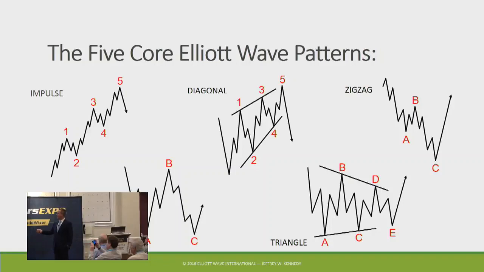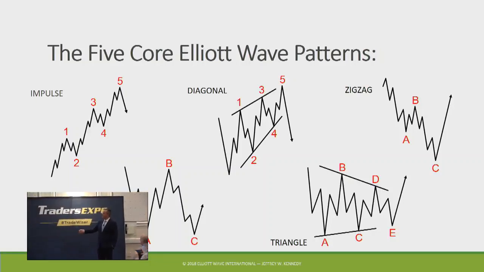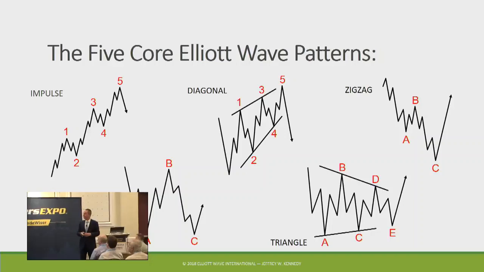These patterns that we work with as Elliottians build larger and smaller versions of themselves. So within wave 1, you can see a smaller 5-wave move. And within that initial move up, you'll even see a smaller 5-wave move. So these 5 core patterns build smaller and larger versions of themselves that we call Elliott wave patterns.